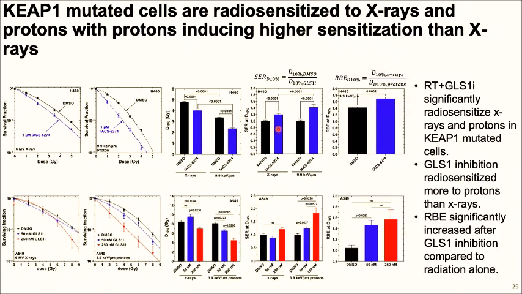What's interesting is that the way protons interact with this inhibitor is different from the way photons interact with it, because the relative sensitization for protons is higher, and this is what we're measuring. So the relative sensitization of the inhibitor caused by photons versus protons shows that, for some reason, there is a higher synergy when we combine this inhibitor with proton beams compared to photon beams.